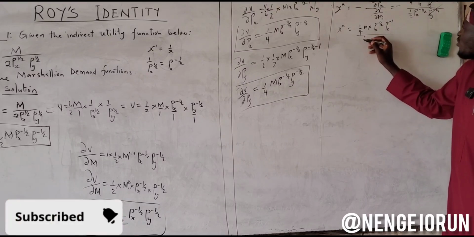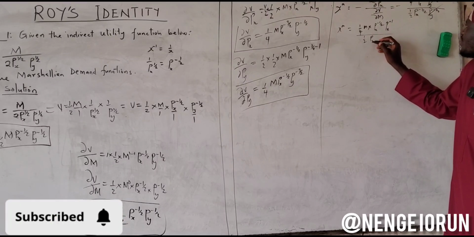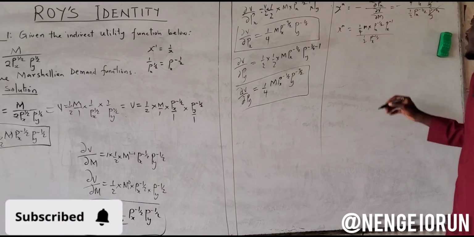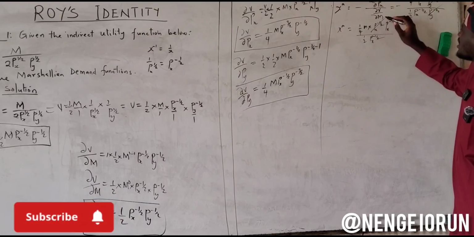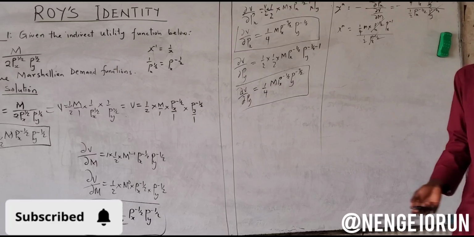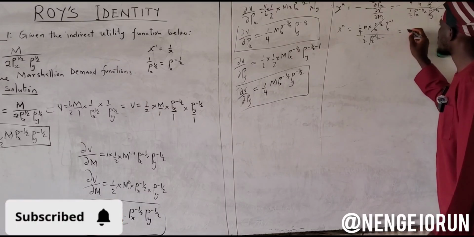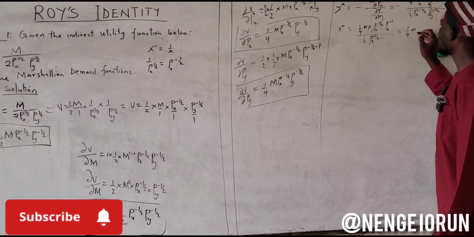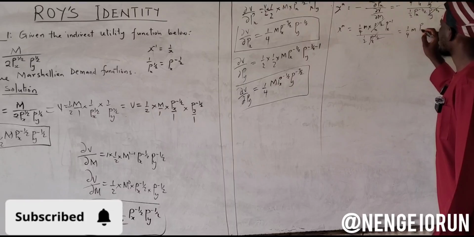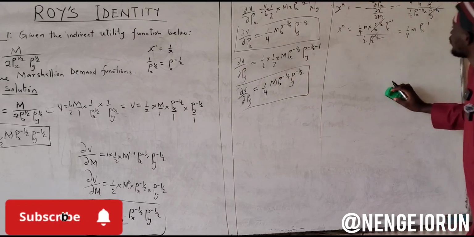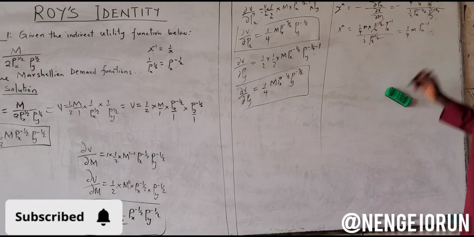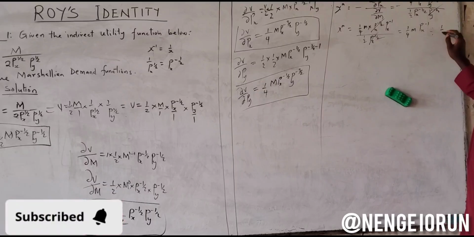All divided by 1 over 2 px raised to the power of negative half, in such a way that this will go with this. Then what we have is 1 over 4m px raised to negative half, negative 1, then divide by 1 over 2.